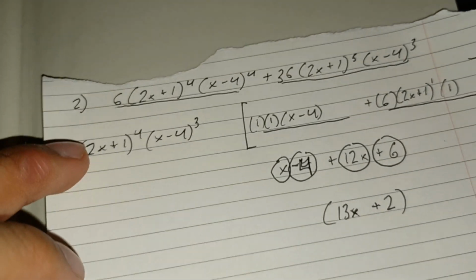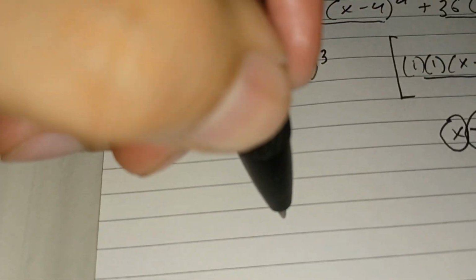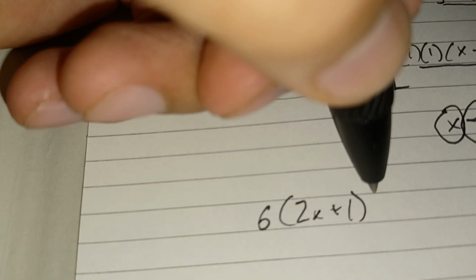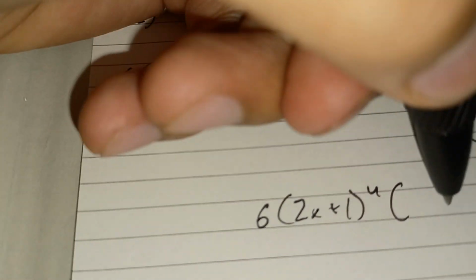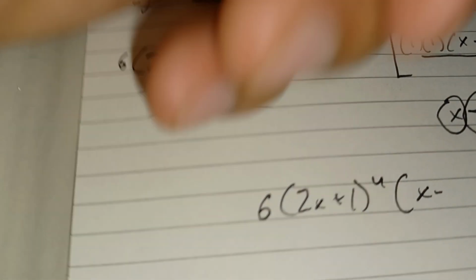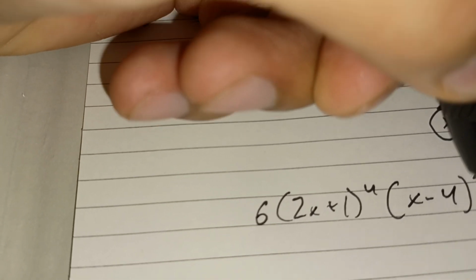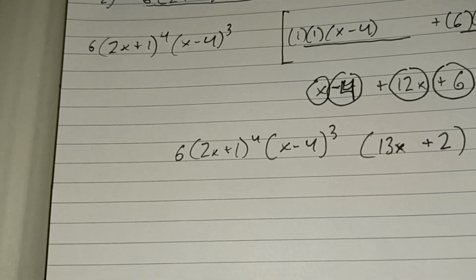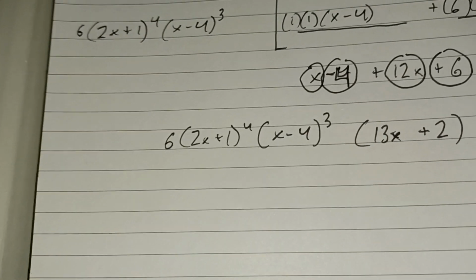And then just bring this down right here. So we have 6 times 2x plus 1 to the 4th power, x minus 4 to the 3rd power, 13x plus 2. Check your work, confirm everything is good. And that looks like it's good, so this is going to be our answer.